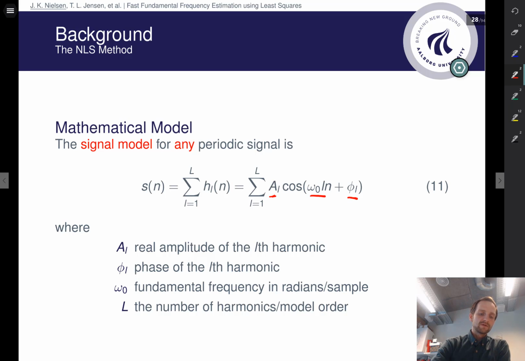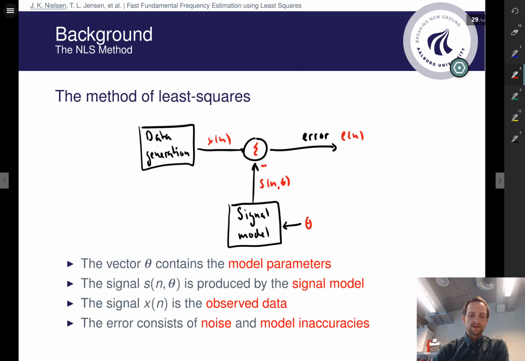We have a fundamental frequency, and all the other frequencies are an integer multiple of it. L is the total number of harmonic components, and this is nearly always unknown, so we have to find the right one in order to avoid problems with pitch halving or octave errors. Model comparison is really important if we want to exploit the mathematical model in fundamental frequency estimation, but I'll return to that later.